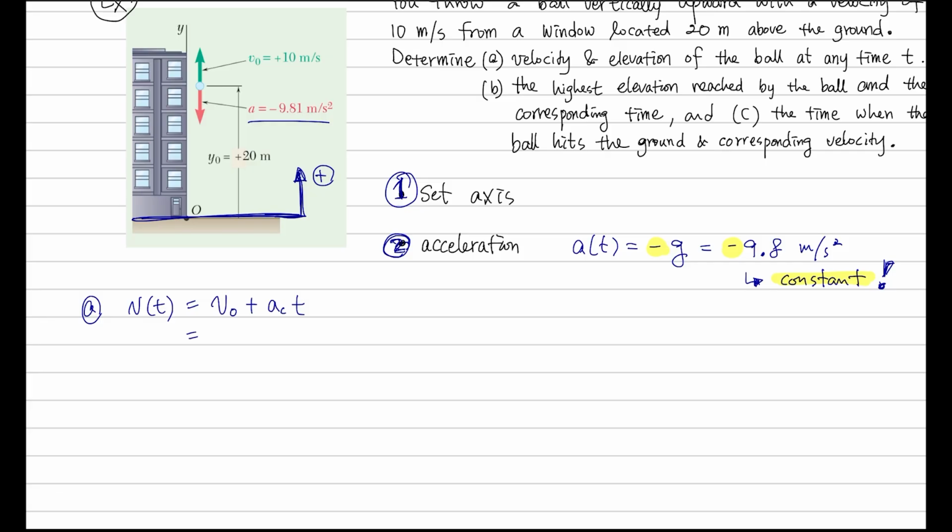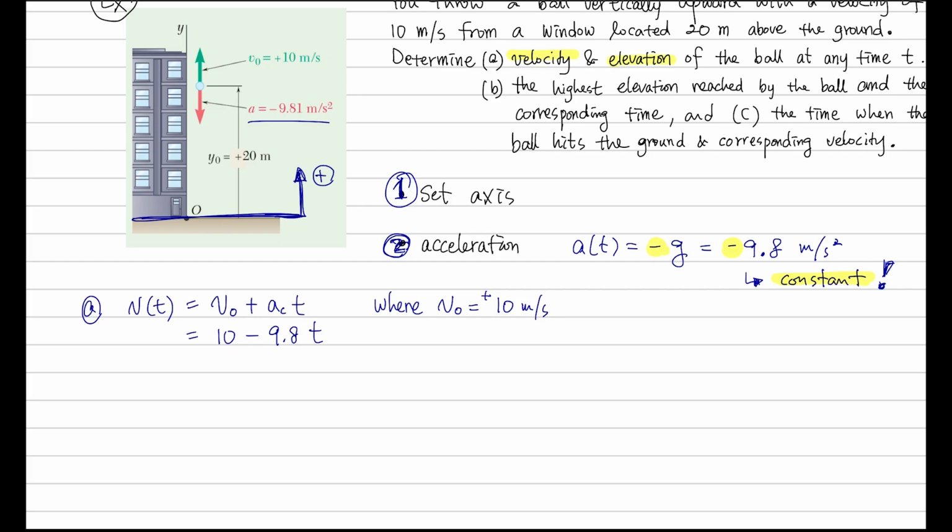V naught is 10. It's a positive 10, because it was thrown upward, which is along the positive direction we defined. And then it's going to be minus 9.8 t, where v naught is positive 10 meters per second. And so this part is done.